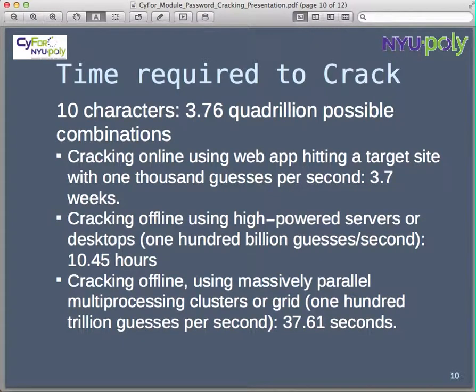So how long does it take to crack passwords of various lengths? If you look at a 10-character password, there are approximately 3.76 quadrillion possible combinations. If you were to try online cracking, and assuming that there was no rate limiting in place, and even with a large number of guesses such as 1000 guesses per second, you would need about 3.7 weeks to crack a password.